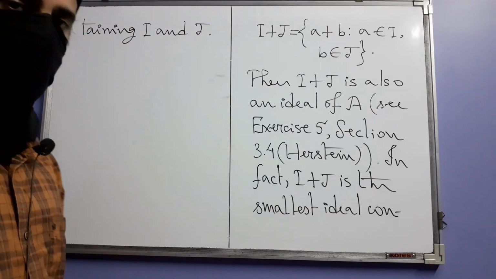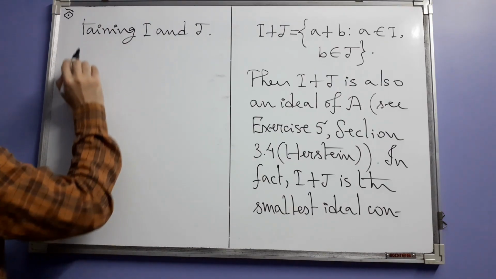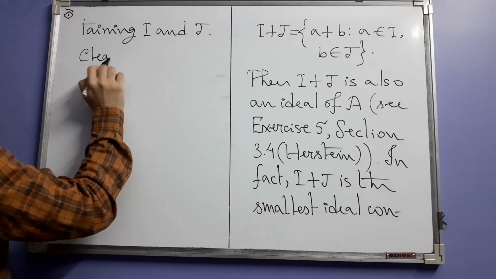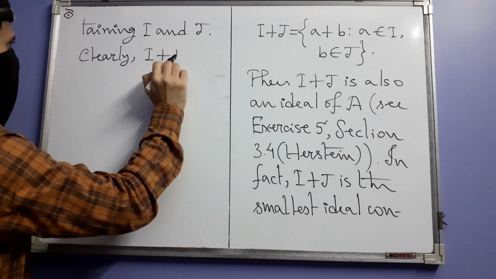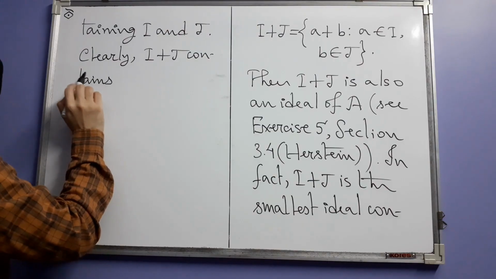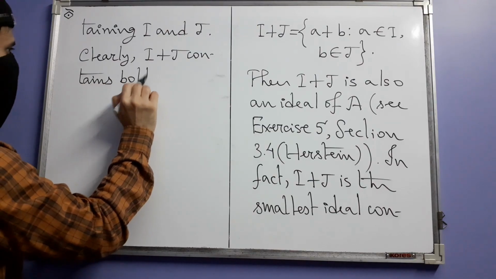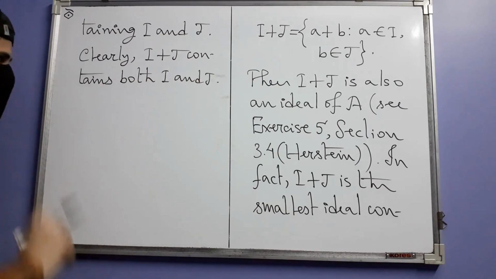Let's see how that is true. Okay, let us establish this fact. Clearly, I plus J contains both I and J. How?